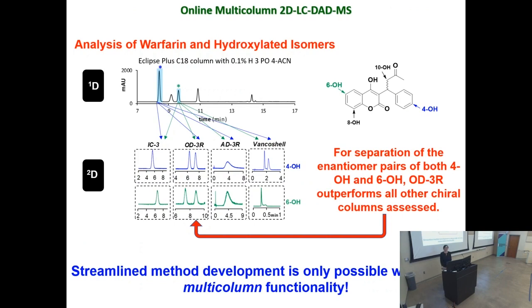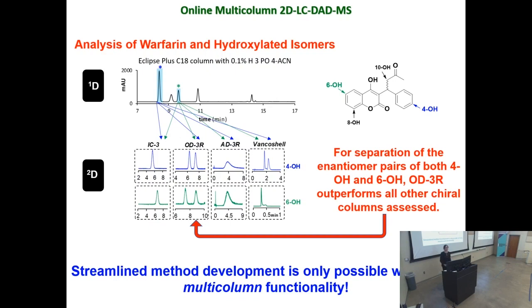What we did is choose the best separation with a chiral column as the first dimension column, and use a C18 column with 0.1% phosphate and ACN to separate those 5 components in the first dimension. Then we hard cut the peak we are interested in and send it to the second dimension, screening with multiple chiral columns.